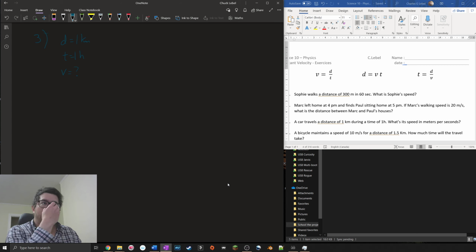And we would like meters per second. If I didn't write meters per second, there is nothing wrong with keeping it in kilometer per hour. Like this. So say I just wrote what's its speed. Well, you could have said this. 1 kilometer per 1 hour is equal to 1 kilometer per hour.